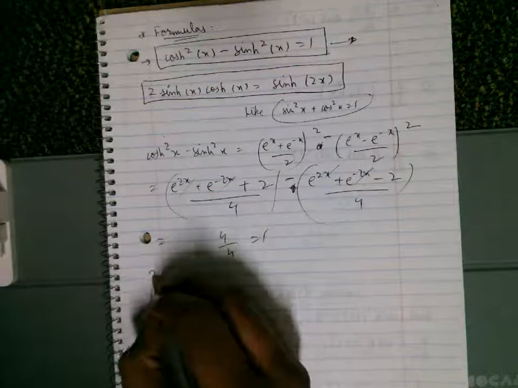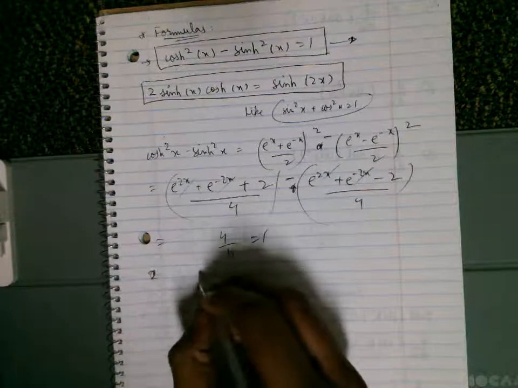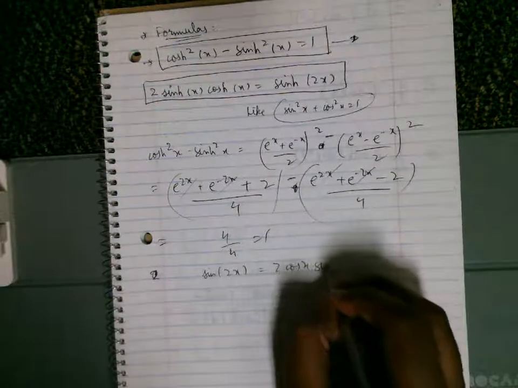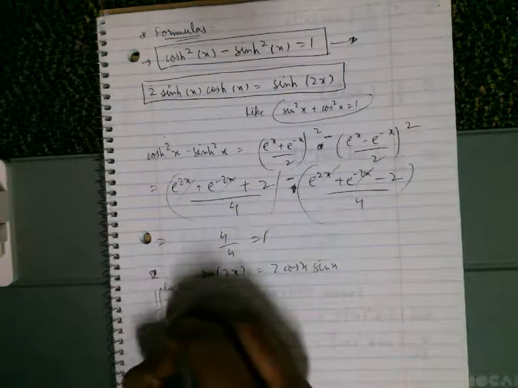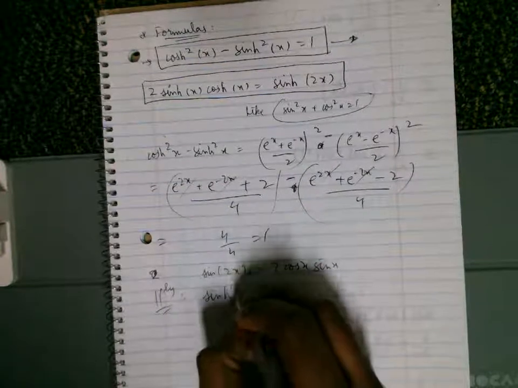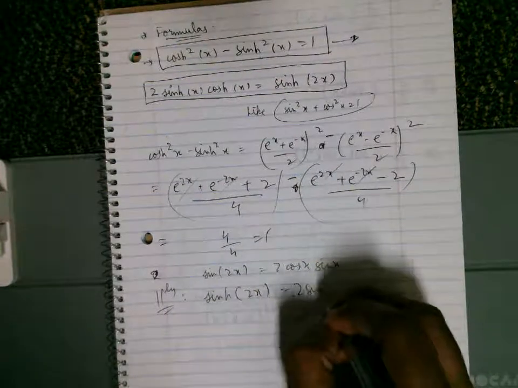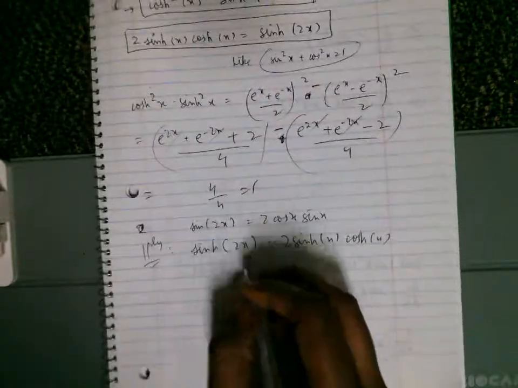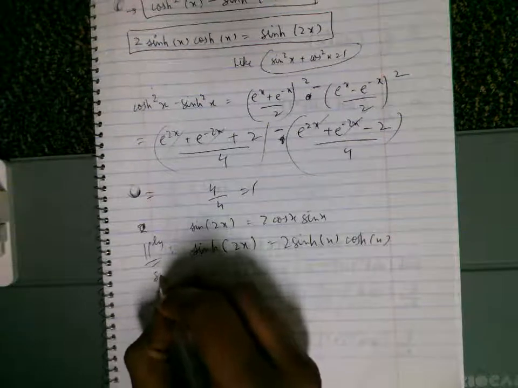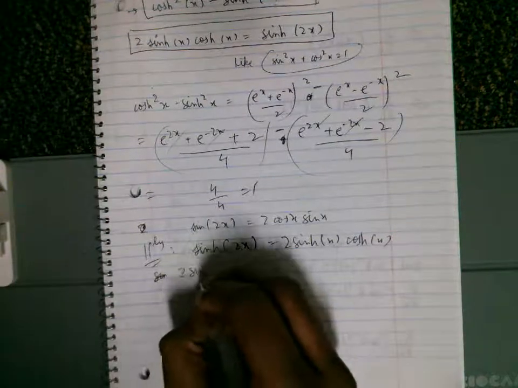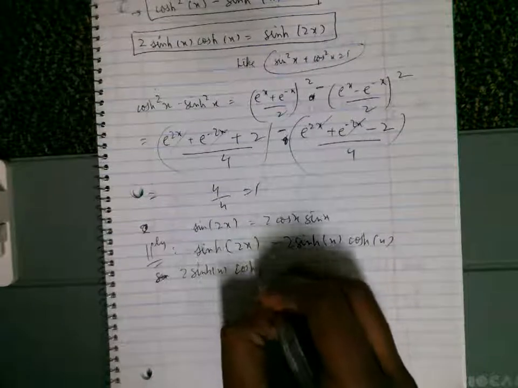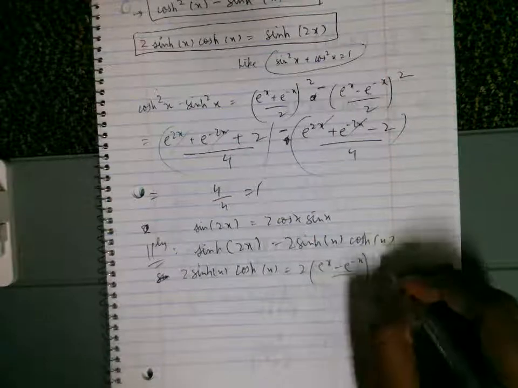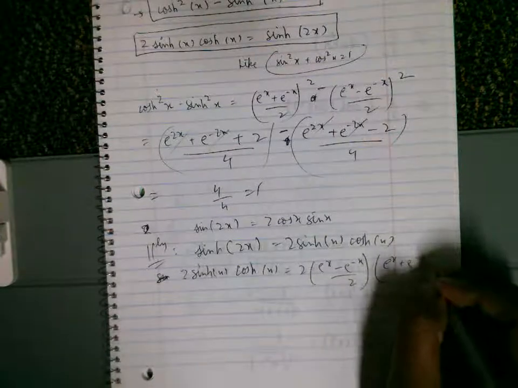Similarly, like in trigonometric functions, where sin of 2x is 2 cos x sin x, we have sinh of 2x is 2 sinh x cosh x. You can check that 2 sinh x cosh x is 2 times (e^x minus e^(-x)) by 2 times (e^x plus e^(-x)) by 2.